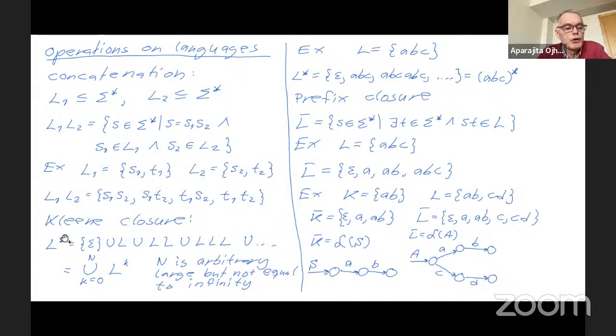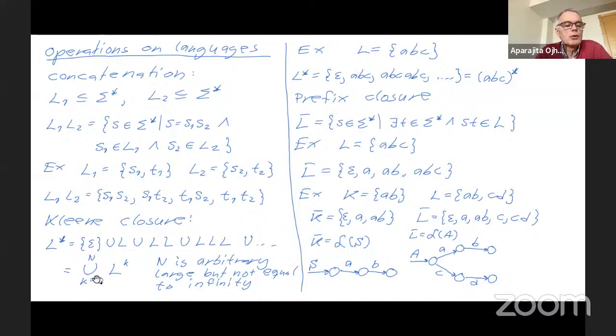Then you have the Kleene closure, where Kleene was the researcher who 60, 70 years ago formulated a lot of these formal language procedures, including the star operator. The star operator for a language means that L star is epsilon union with the language itself, but also the concatenation LL and also LLL, and going on like that.